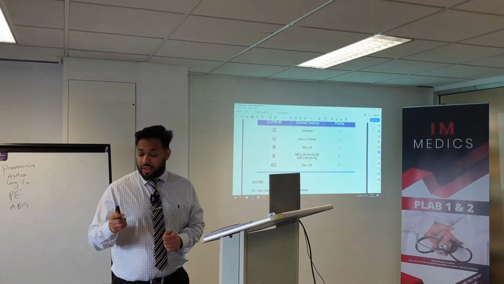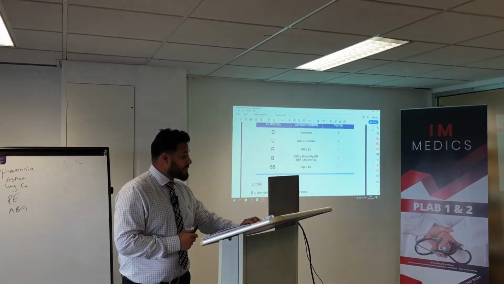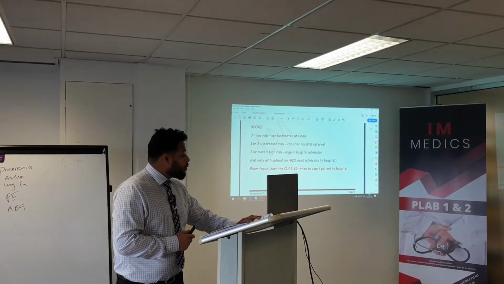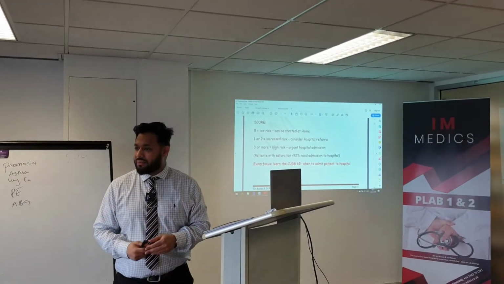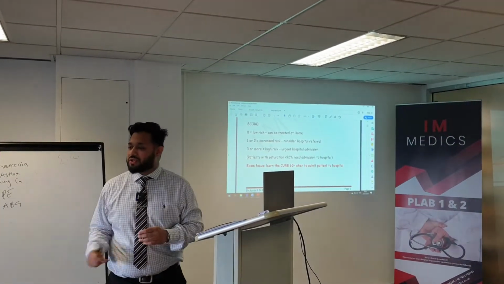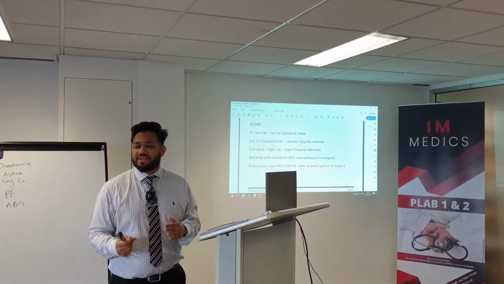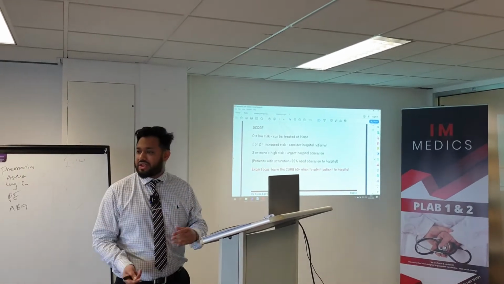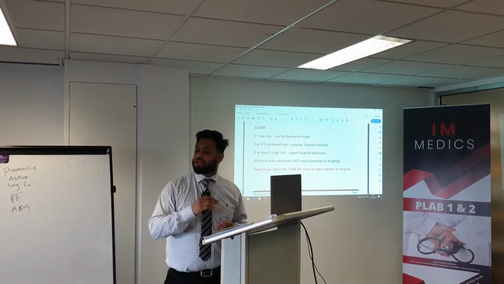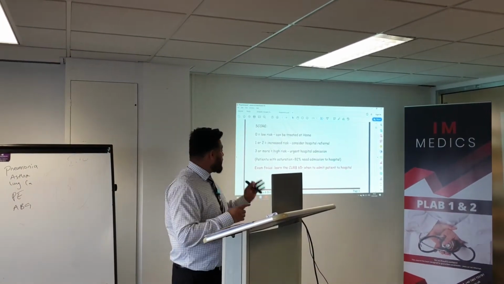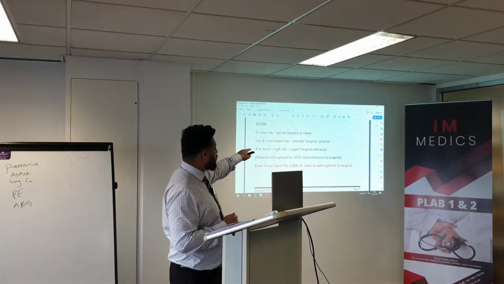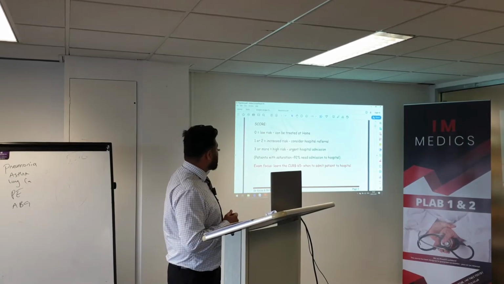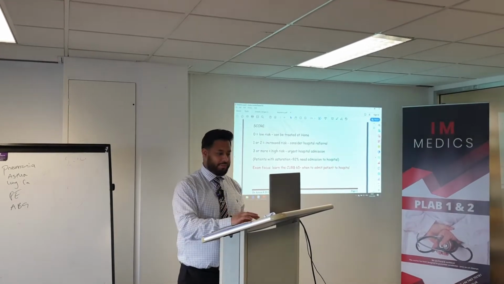Now, exam thing: if you see someone with oxygen saturation below 92%, don't worry about CURB score, admission. Pneumonia patients can go home with antibiotics, so this is just to determine if they should go home or stay in hospital. Remember, 92%; CURB score 0 low risk, 1 or 2 increased risk, consider hospital referral, and 3 or more hospital admission. That's it.